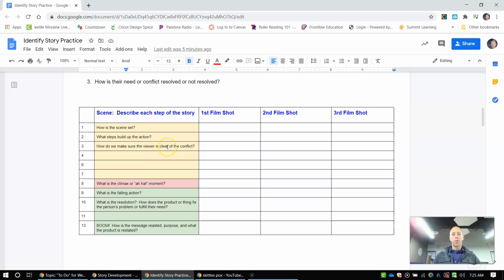And how do we make the viewer very aware of the conflict? Then we get to the big aha moment, the big climax, the big battle or whatever it is, and that's in red. After that, we have the green sections, where we see what happens after, how the story is resolved, or how the character's life changed. Let's check out the Skittlepox commercial, and we're thinking of those questions.